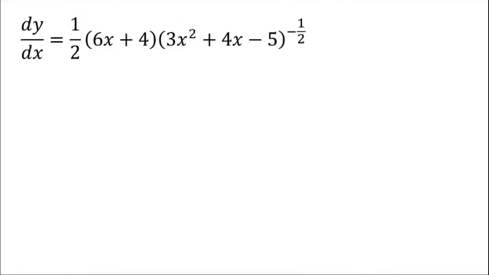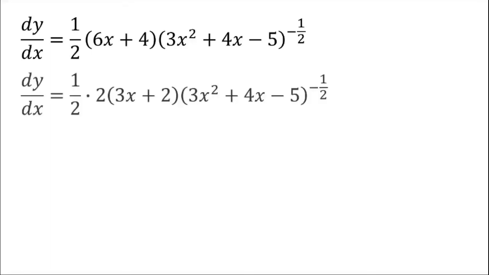Let's say dy over dx equals 1 half times 6x plus 4 times 3x squared plus 4x minus 5 raised to negative 1 half. But first, let us factor out 2 from 6x plus 4. If we multiply it by 1 half, it will be cancelled.